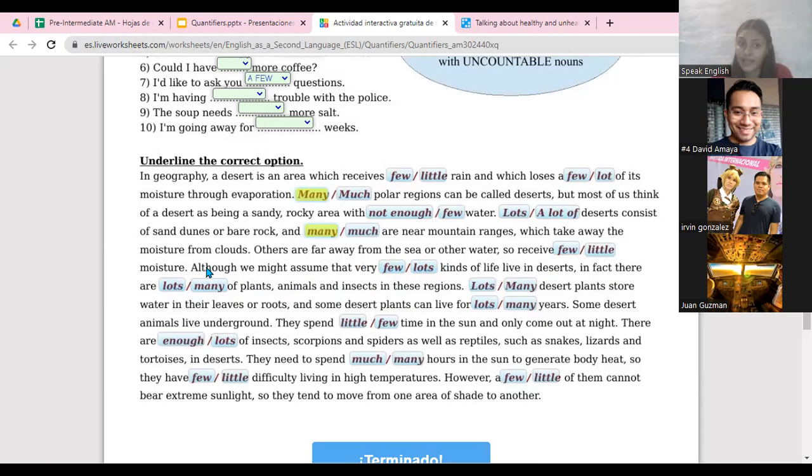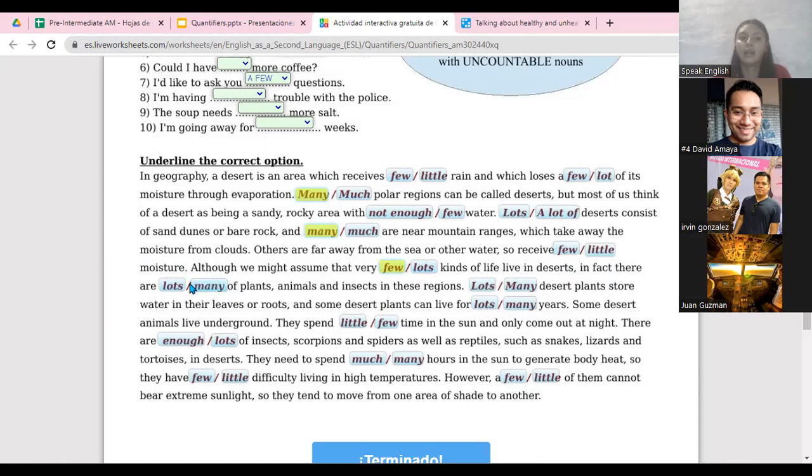But the key is this one. Let's check. What do you put here? You put many, but we don't say many of.